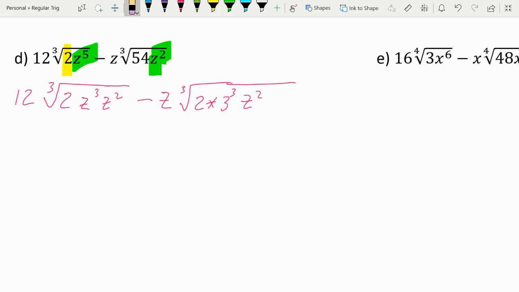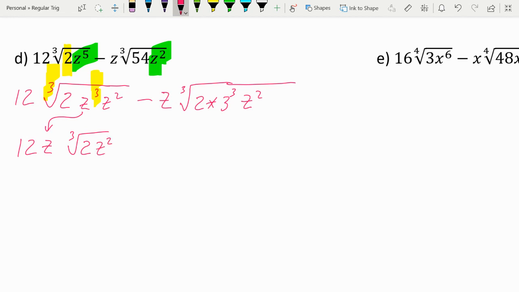Now I start looking at this thing. What can I yank out here? Well, I have the 3rd root of z to the 3rd, so I can yank that z out. So I have 12z times the 3rd root of, and what's left behind.